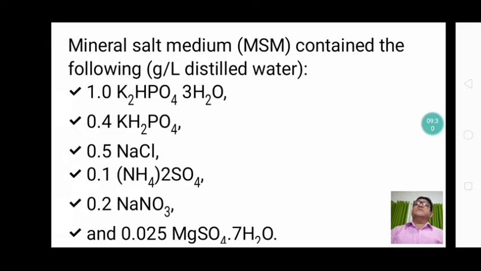The mineral salt medium, the MSM, contains the following per liter of distilled water: 1.0 potassium hydrogen phosphate trihydrate, 0.4 potassium hydrogen phosphate, 0.5 sodium chloride, 0.1 ammonium sulfate, 0.2 sodium nitrate, and 0.025 magnesium sulfate heptahydrate.